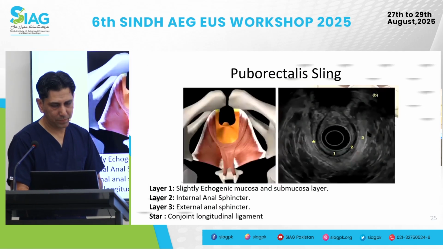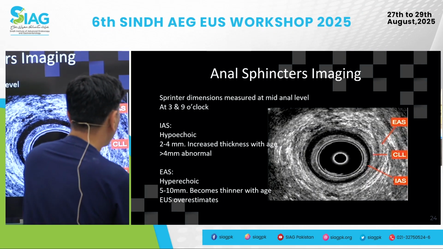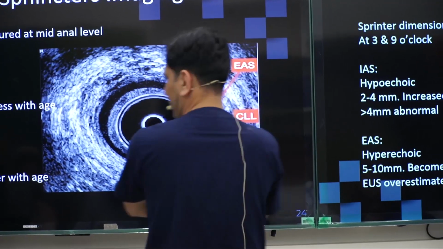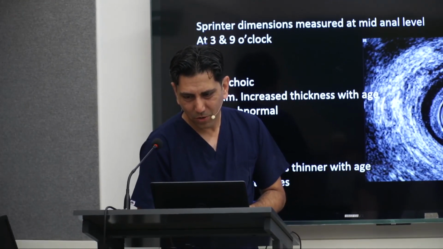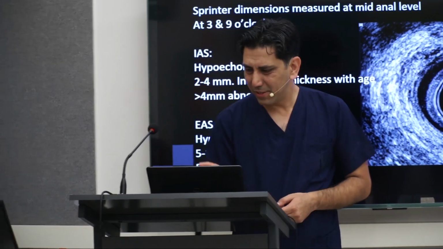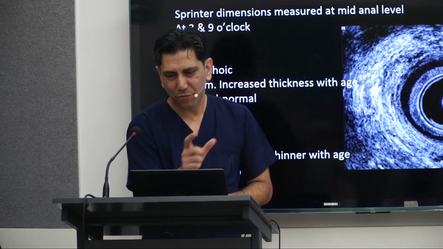What's CLL? So external and internal anal sphincter. Yeah, so I think it will probably come on the next slide, which is some sort of ligament.